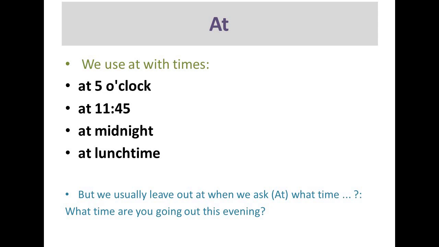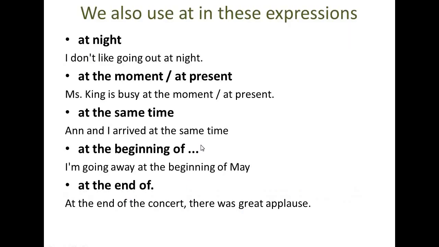We can also use the preposition at in some expressions. For example, at night, at the moment, at present, at the same time, at the beginning of, at the end of. For example, I don't like going out at night. Okay, let's meet at night.